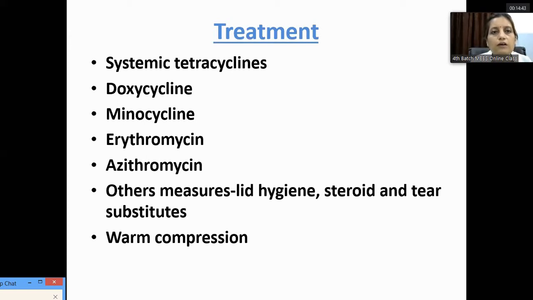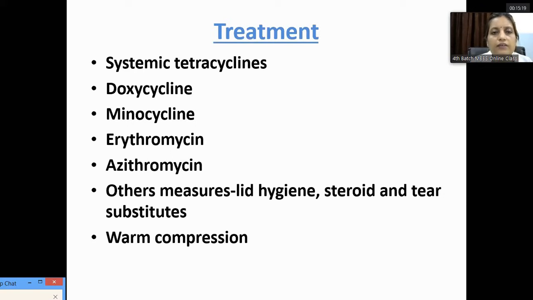So we go for systemic antibiotics like tetracycline, doxycycline, minocycline, or erythromycin, azithromycin. Different groups of drugs are there, but we prefer doxycycline. But for those who are allergic to doxycycline or cannot use it due to severe gastritis, we choose erythromycin or azithromycin, and we have to continue these oral drugs for at least 6 weeks and see the result.